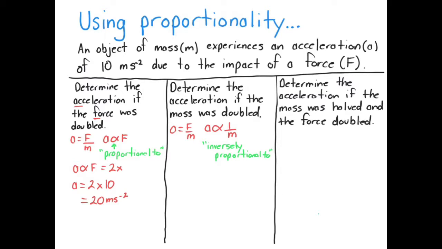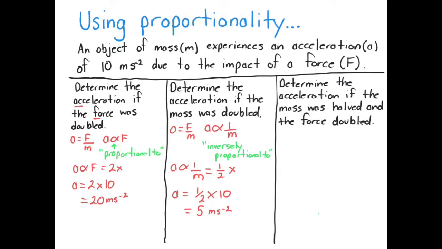In this case, the acceleration is proportional to 1 on m, which is equal to 1 on 2. So the acceleration is equal to a half times what it originally was, 10. So it's equal to 5 meters per second per second. That's how we show a relationship using proportionality.